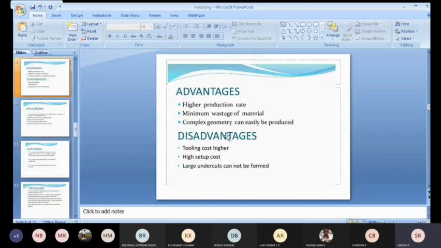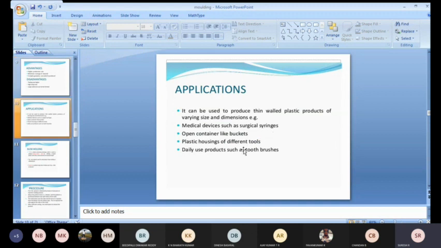Now the advantages and disadvantages. Advantages are a higher production rate, minimal wastage of material, and complex geometry can be produced easily. The disadvantages are high setup cost, higher tooling cost, and large undercuts cannot be formed. These are the applications: it is used for various purposes, wherever plastics are necessary in society.